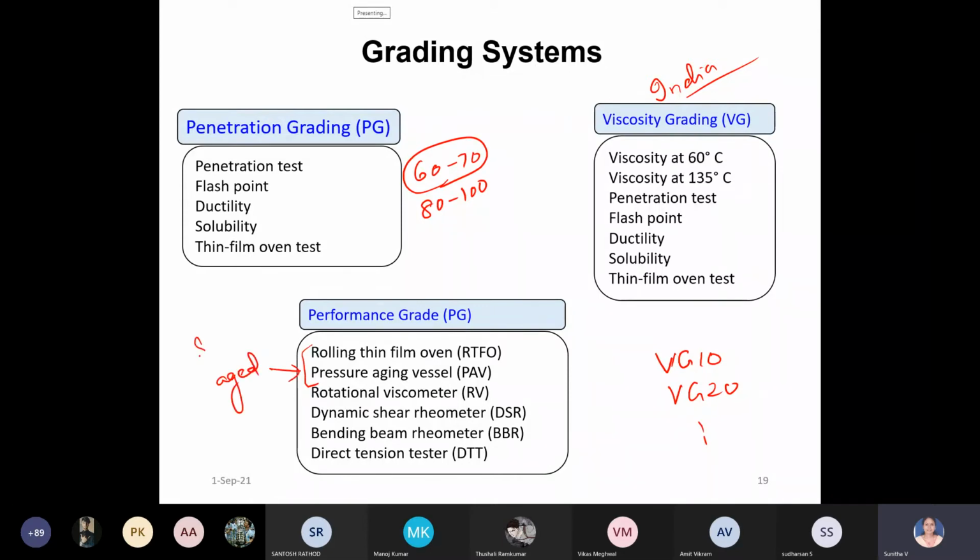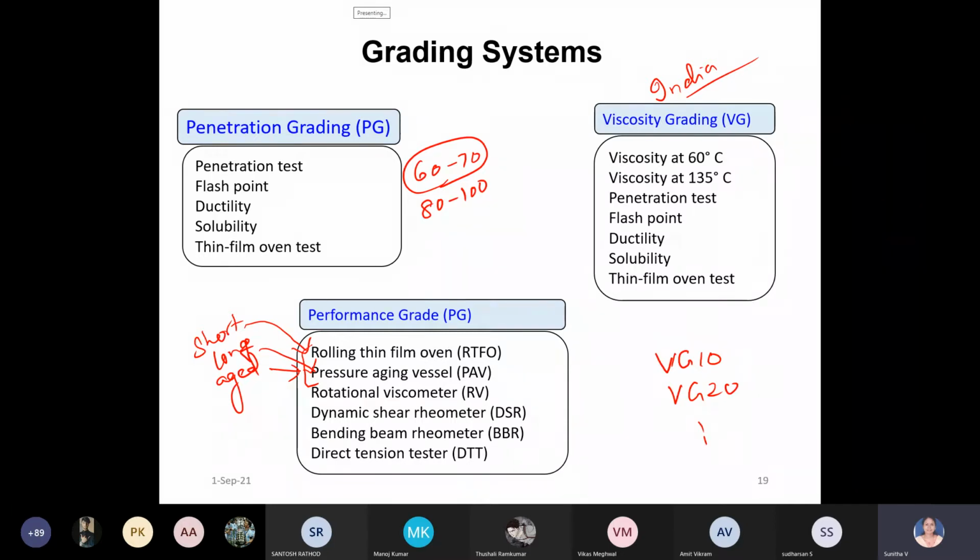In aging you have short term and long term aging. For short term aging you use the rolling thin film oven, and for long term aging you use the pressure aging vessel. Short term aging reflects what happens in the field: you take the bitumen and heat it, depending on the layer you are using, to 134, 120 or other temperatures, and it is subjected to various temperatures, also during transportation.